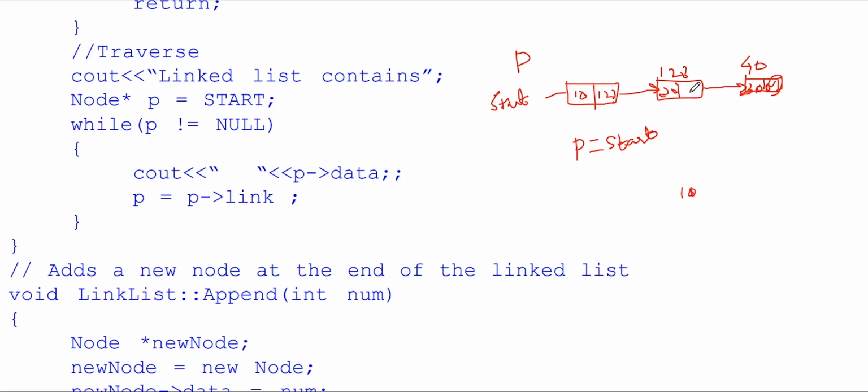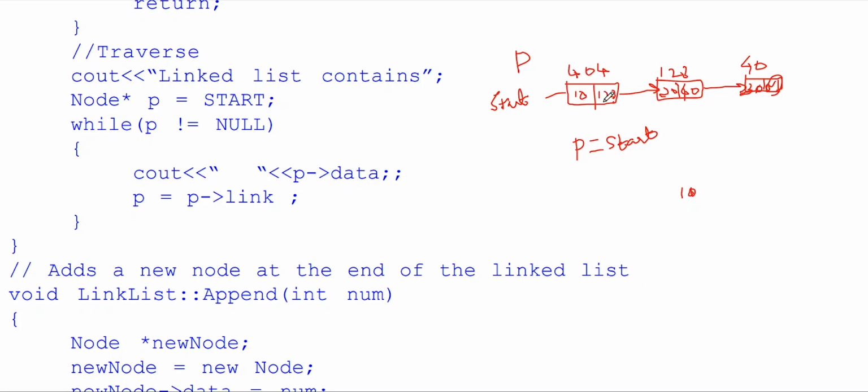This has a link field of 40, this has 1, 2, 3, and this itself is maybe 404, for example. So at the beginning, start is 404 and p is also 404. So 404 arrow data will give the value stored at that address.